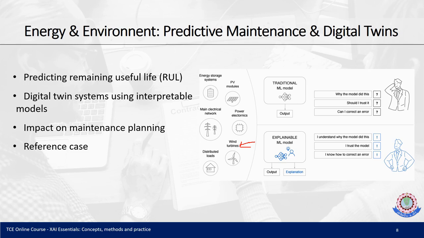If the sensor already has a problem and we take that decision, we cannot do anything, right? We cannot trust our system, right? This is what is happening here. If explainable AI is here, I can understand, I can trust the system, and I know how to correct an error too. Okay, so this not only avoids costly breakdowns but also supports environmental sustainability by optimizing energy systems efficiently. Am I right?